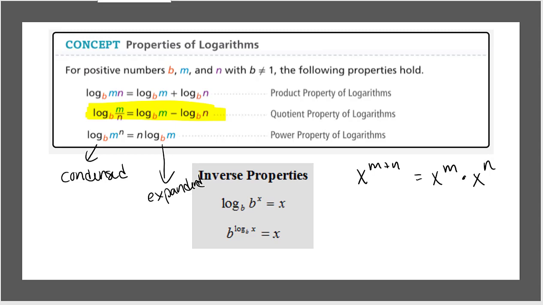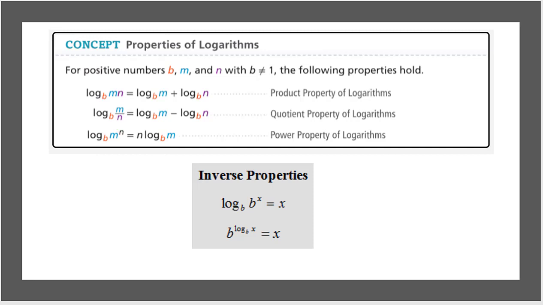Notice that, and this is important, the n is second and is after the subtraction sign. The last property is our power property, and that's when we have an exponent, and what we do is we take that exponent and we bring it to the front of the logarithm and it becomes a multiplication.